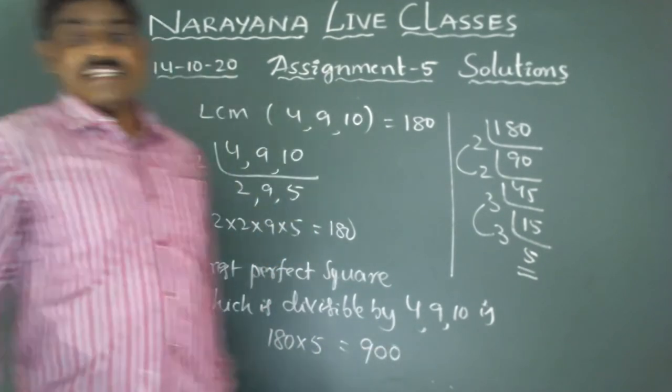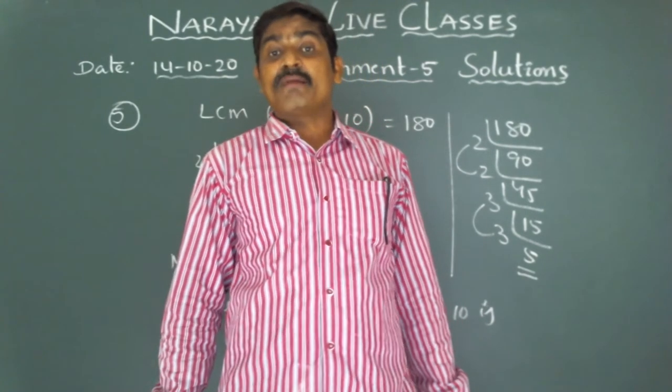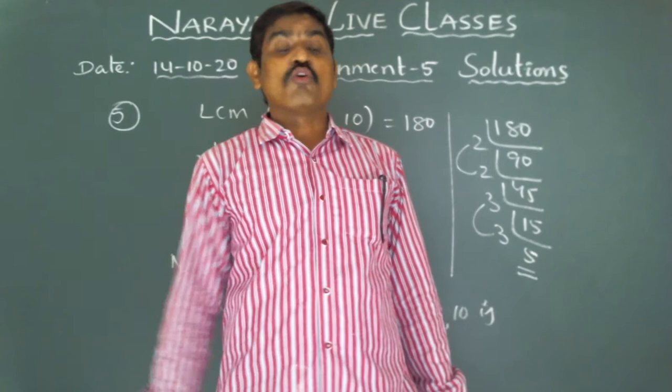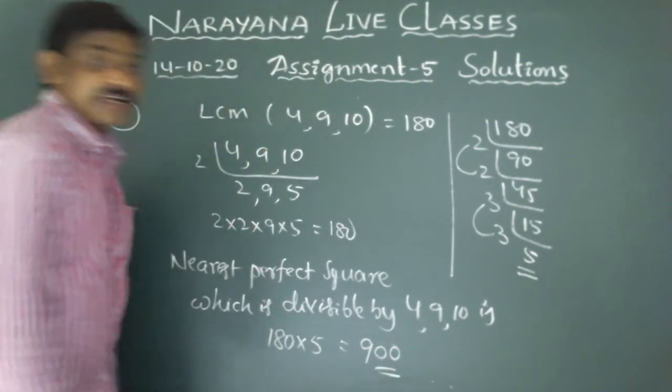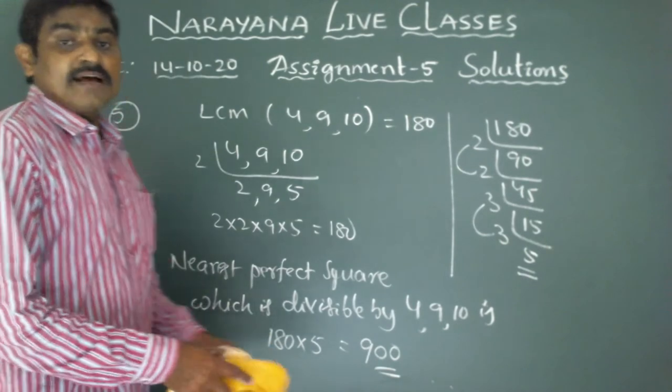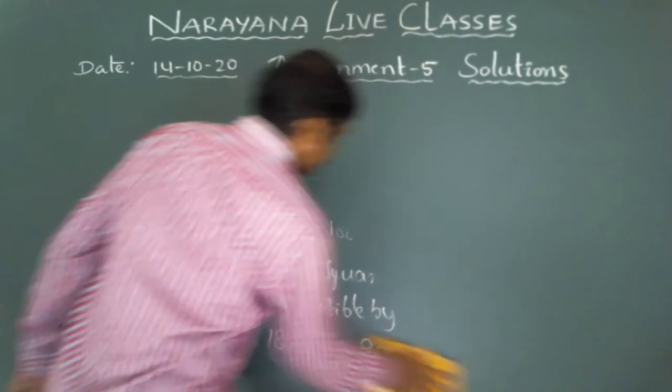So the smallest square number that is divisible by 4, 9, 10 is 900. Okay, children, so let us move on to the sixth one.